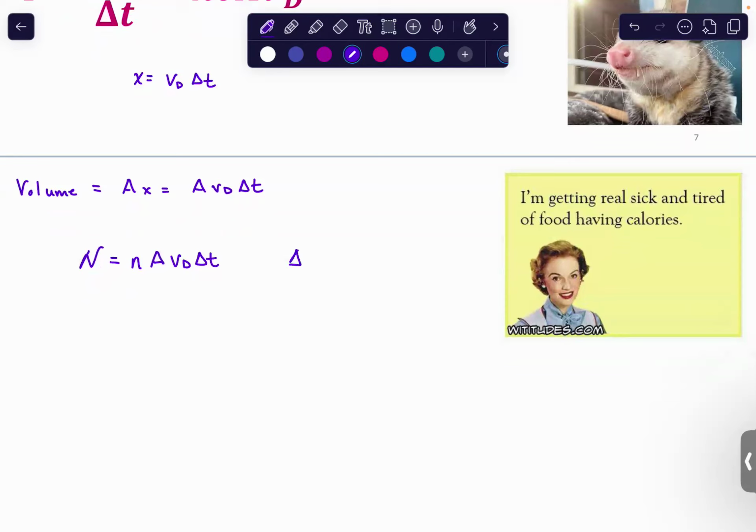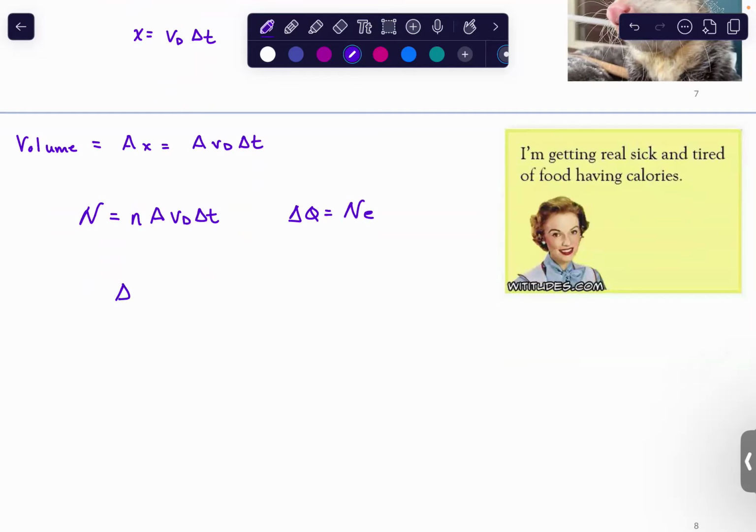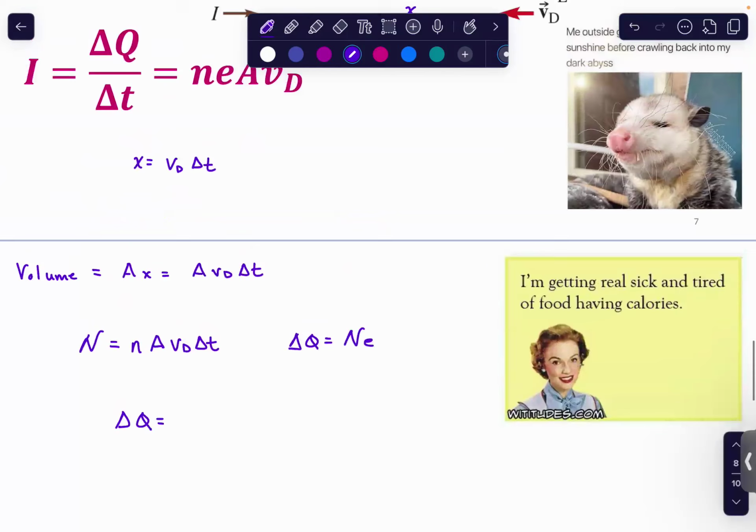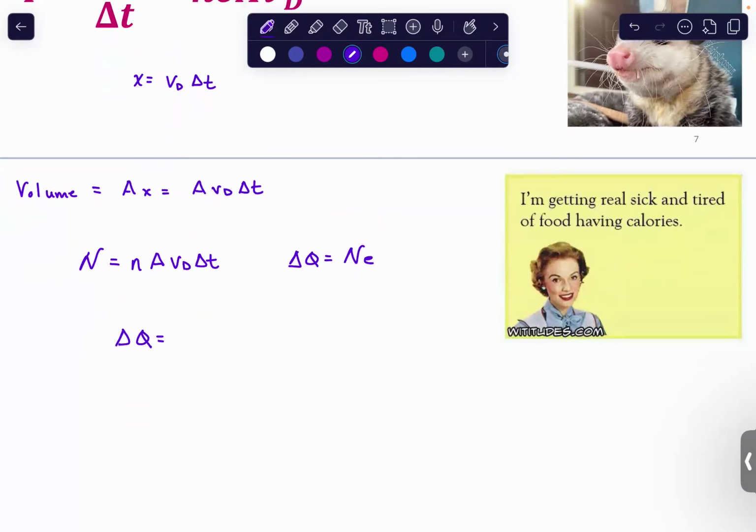We also know the total charge that moves through there, so that tells us that the total charge that moves through the volume is going to equal our current times delta t.